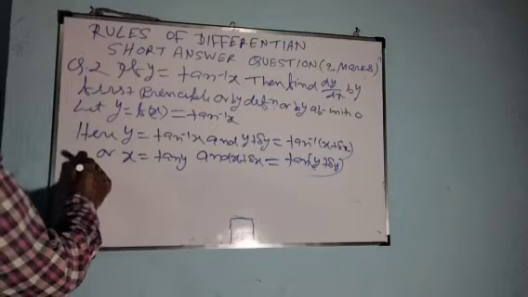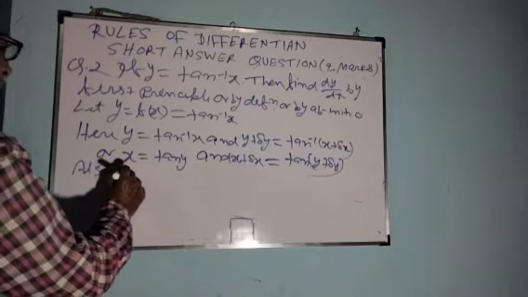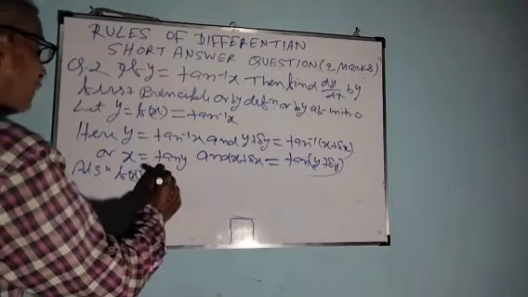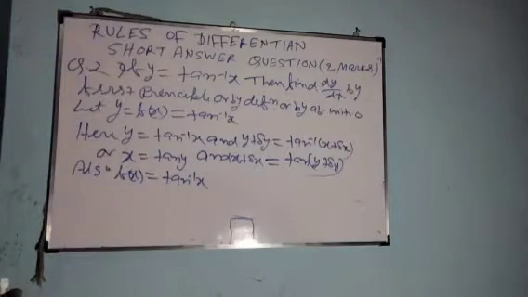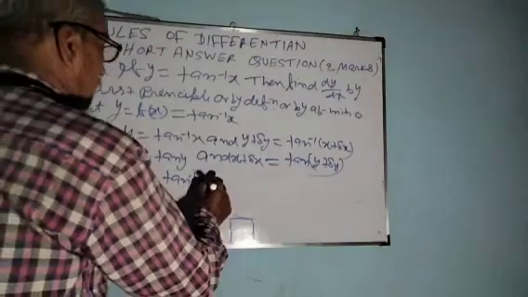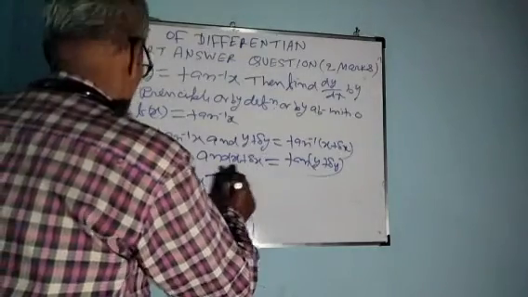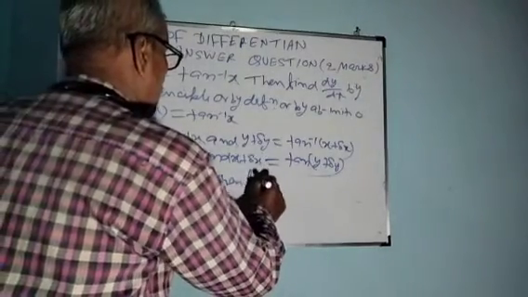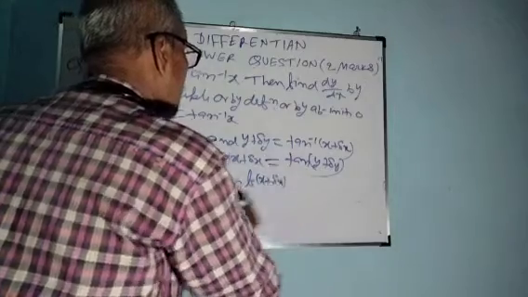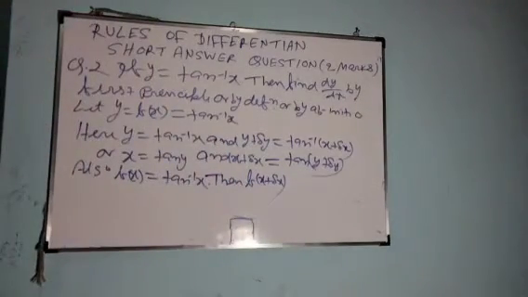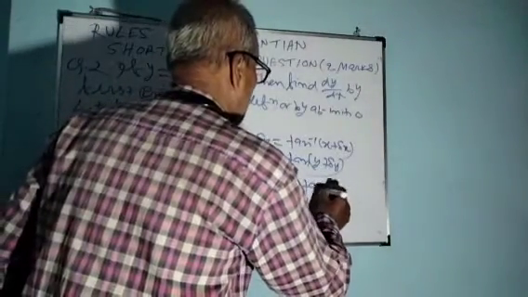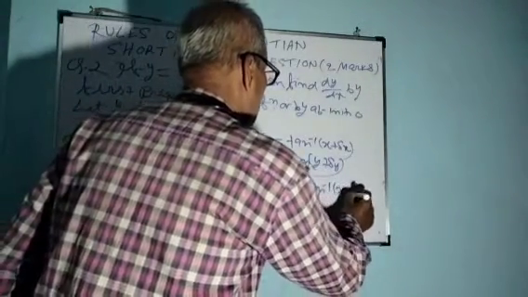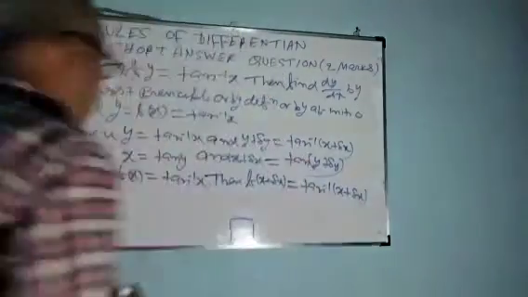Also, f(x) is equal to, as we know, tan inverse x. Then f(x plus delta x) is equal to tan inverse of x plus delta x.